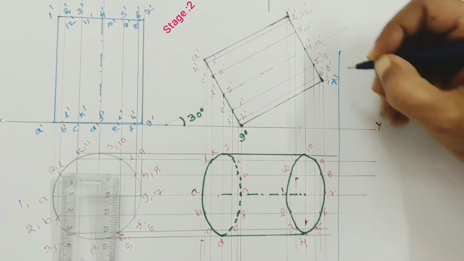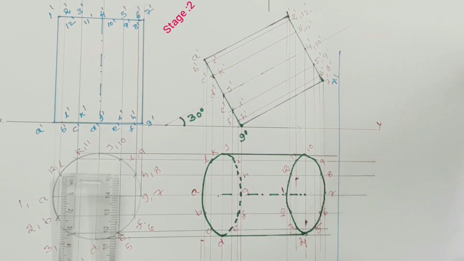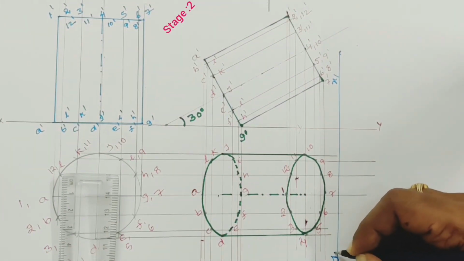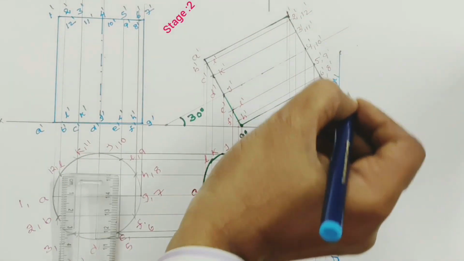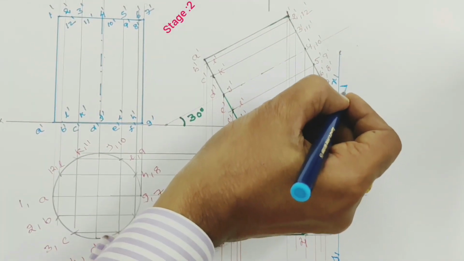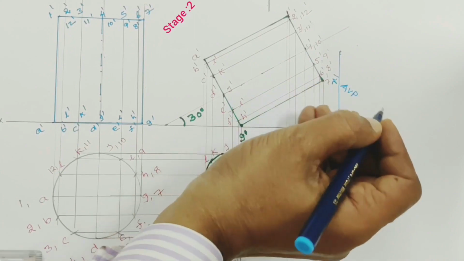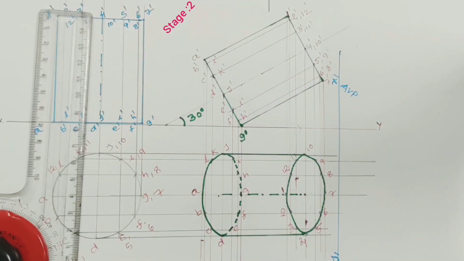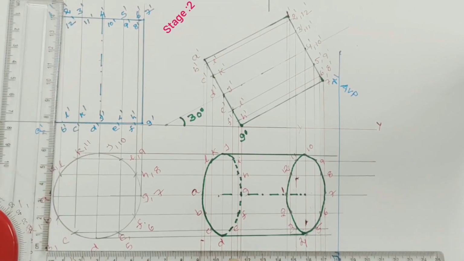Say x1 y1, and it is auxiliary vertical plane. On this plane, we will get auxiliary front view. So, first to draw projectors perpendicular to the new reference line from this top view.